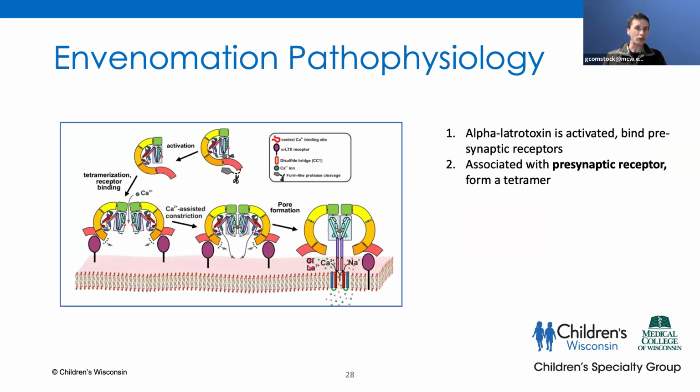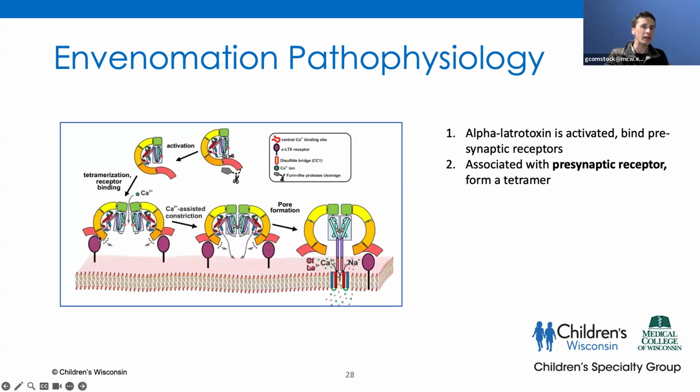So, alpha latrotoxin, it starts kind of at the top of the screen. It initially needs to be activated, and my understanding is that's activated in the venom gland, the bulb, upon delivery. And so that activation leaves you with this monomer that eventually will form a tetramer when it interacts with a receptor that's on the outside of a cell membrane.